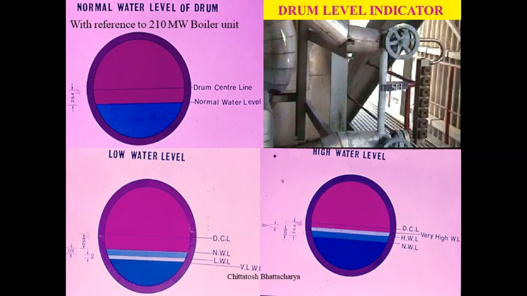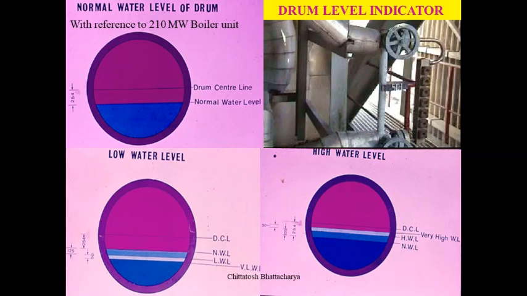For ascertaining the drum level, we have gauge glasses as a local indicator. It is connected to steam space and water space. So we get a level of water within the drum from the gauge glasses.